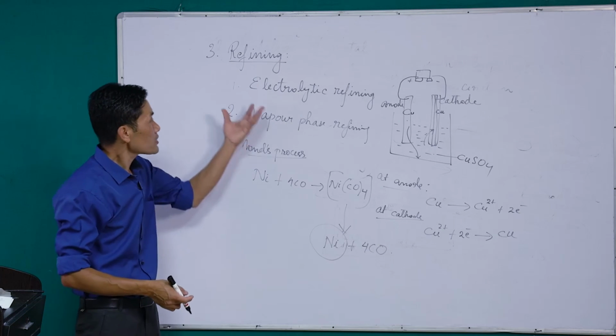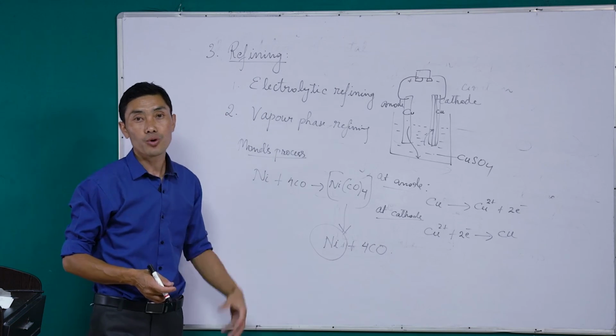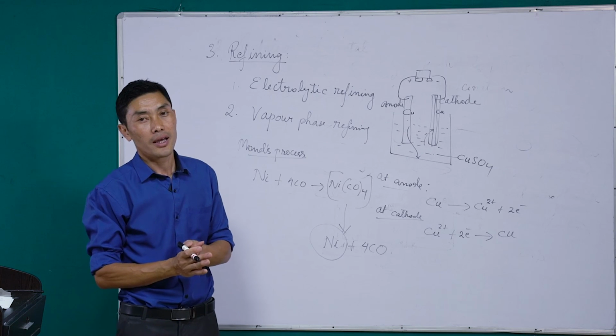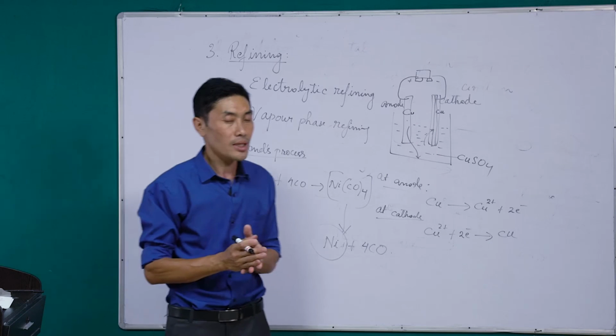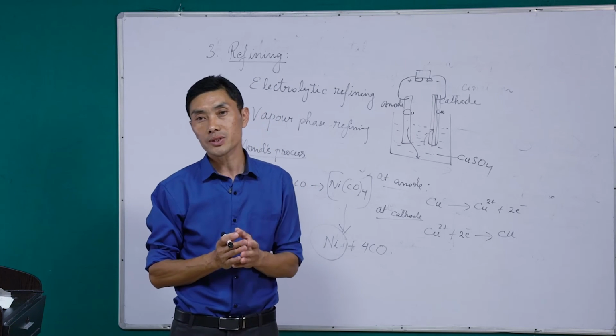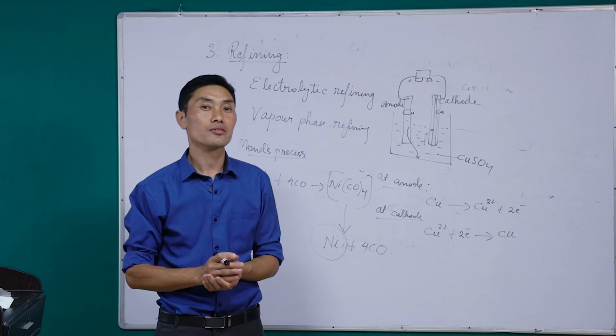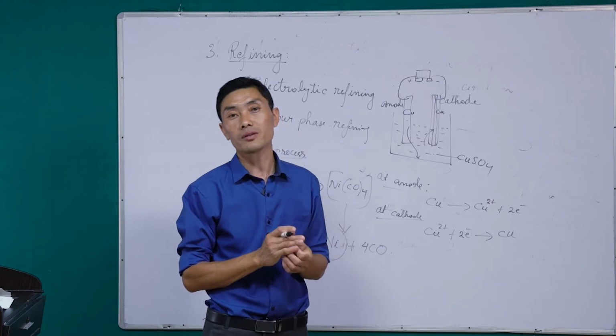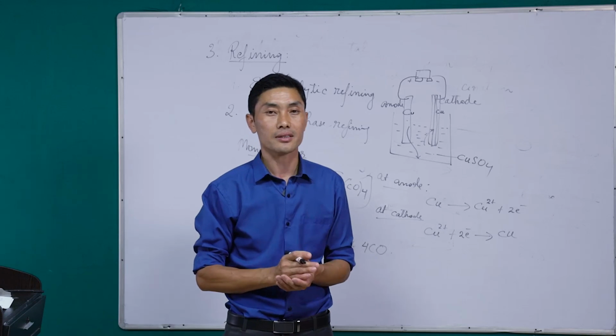So there are other methods that are also used for refining of metals. Please look them up in your book. And in our syllabus, there are 4 metals whose extraction we have to study. That is extraction of aluminum, extraction of copper, zinc, and then iron.